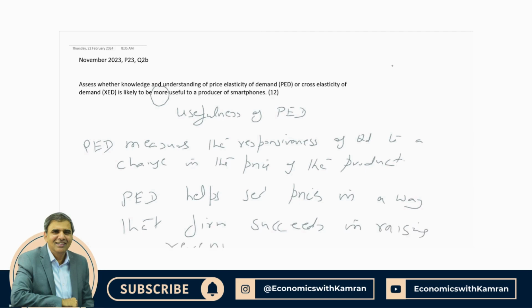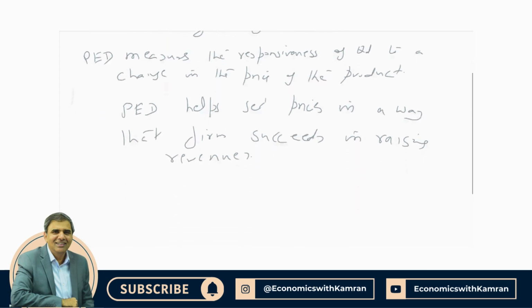I may avoid using the word maximize revenue because maximization of revenue is a particular mathematical condition that may not be fulfilled always, and firms may not be actually going to a point where revenues are maximized. So I'll use a softer word, and that is raising revenues. So the benefit of knowing the PED of your product is this, that you can set the price in a manner that your revenues rise.